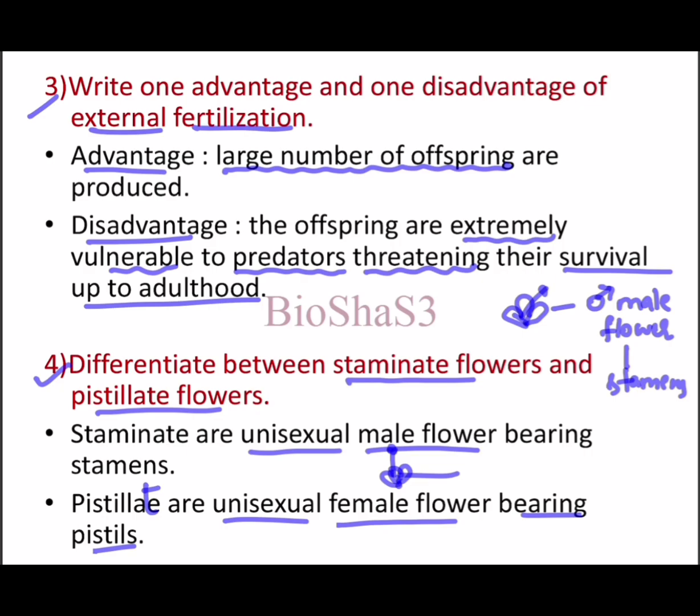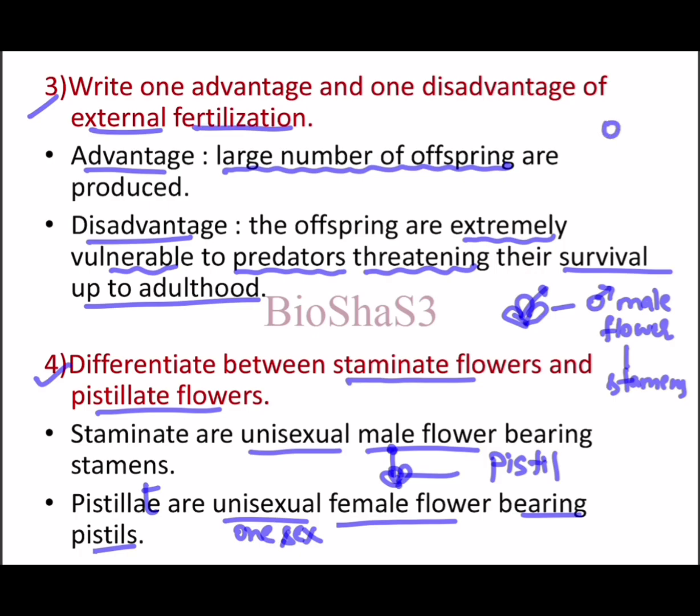So this is unisexual, that is only one sex. Unisexual means either there will be male sex organ or the female sex organ. Okay. So pistillate flowers are the unisexual female flowers bearing pistil.